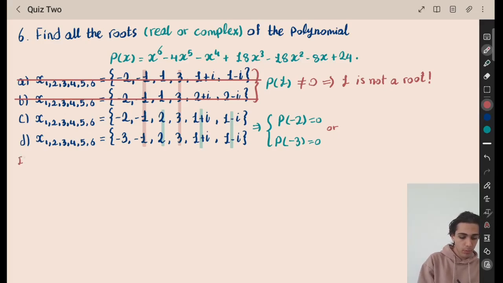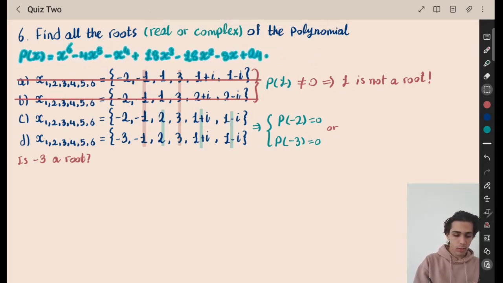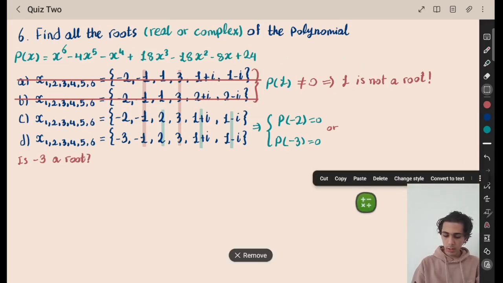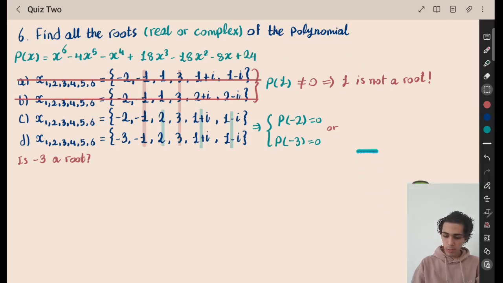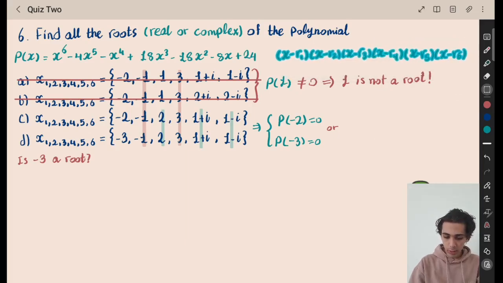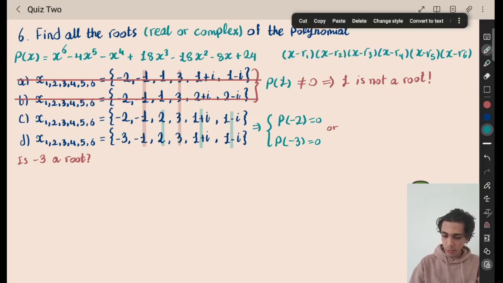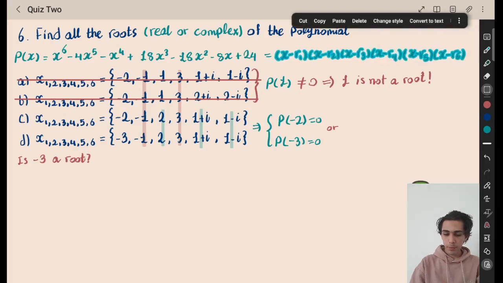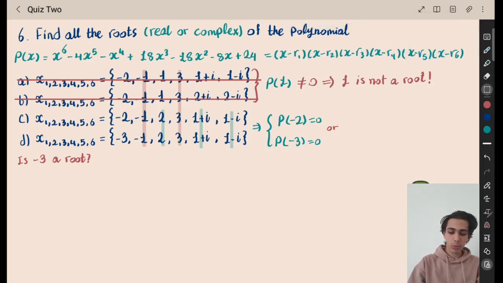So is minus 3 a root? How do we check this? This should not be too difficult to check, because by the fundamental theorem of algebra, we know we can write our polynomial as a product of x minus its roots.